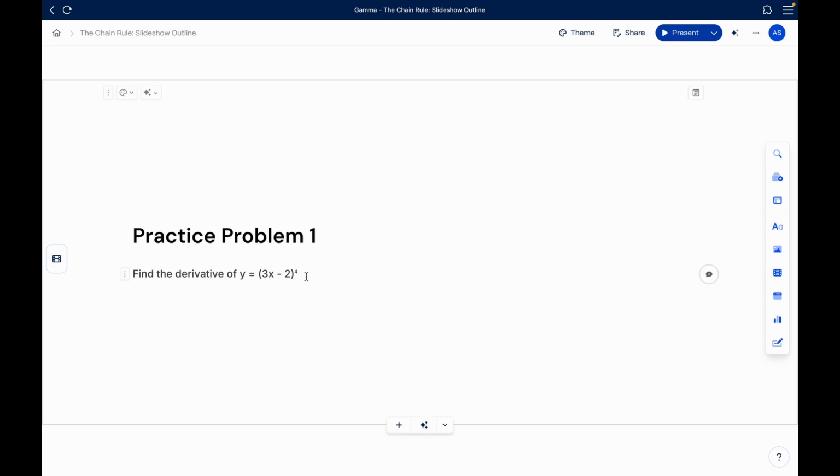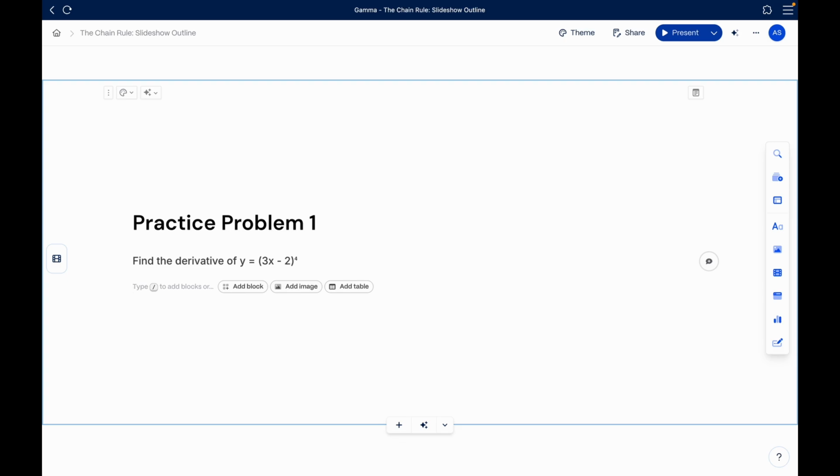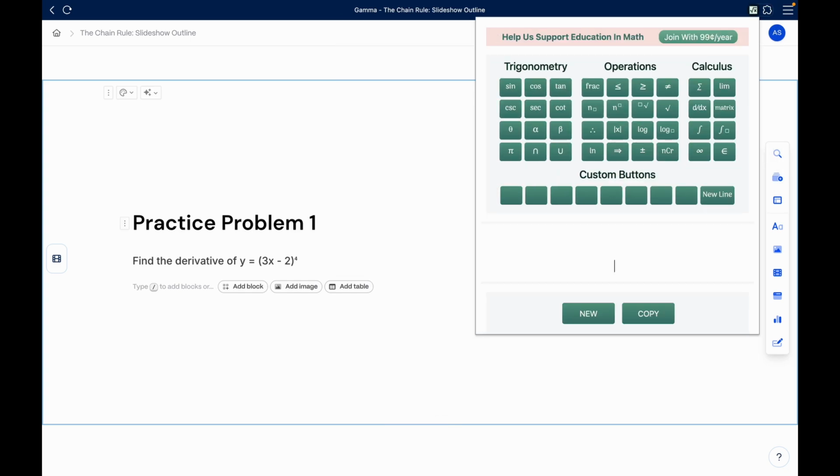Now let's move on to our first practice problems. Let's find the derivative of y is equal to 3x minus 2 to the power of 4. The first thing that we need to do is figure out what the inner and outer functions are. Let's call them f of x and g of x.